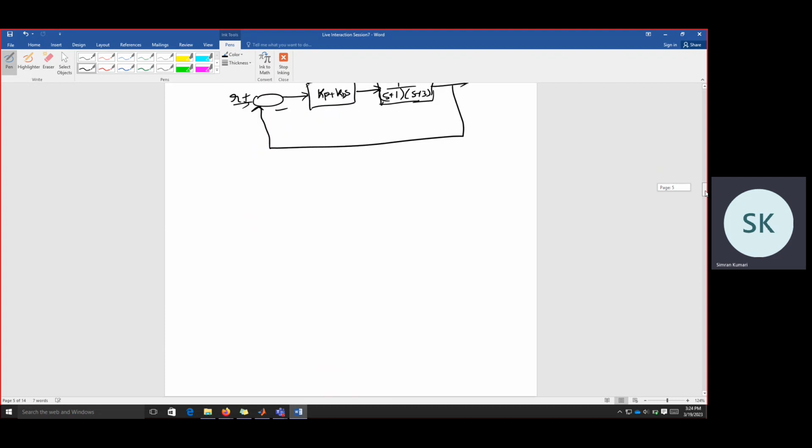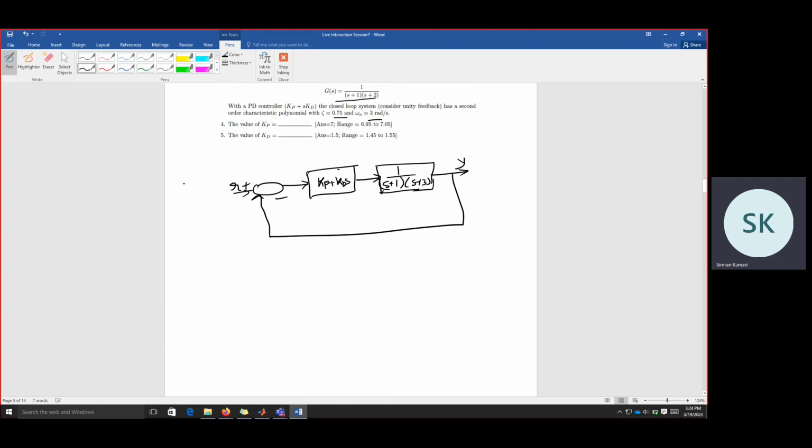It is saying that this closed loop system has zeta equal to 0.75 and omega n equal to 3 radian per second. For this, what do we have to do? We know the forward transfer function, and we have this unity feedback gain.